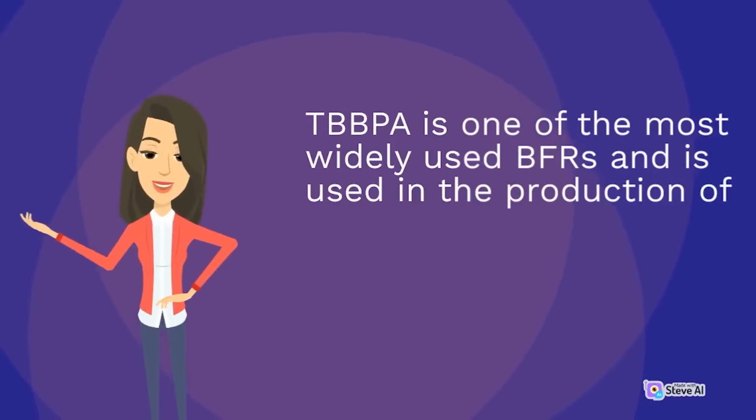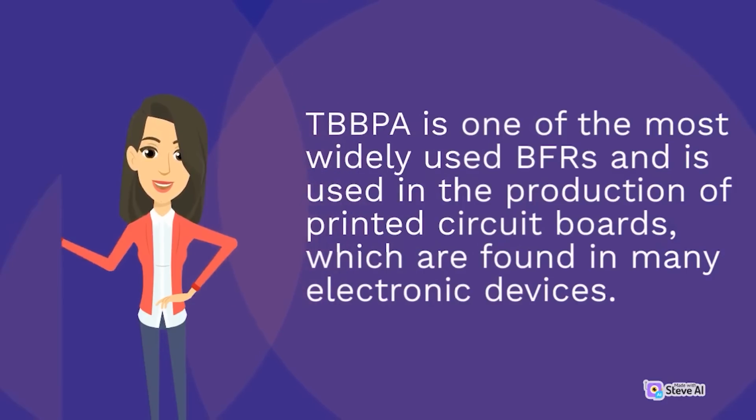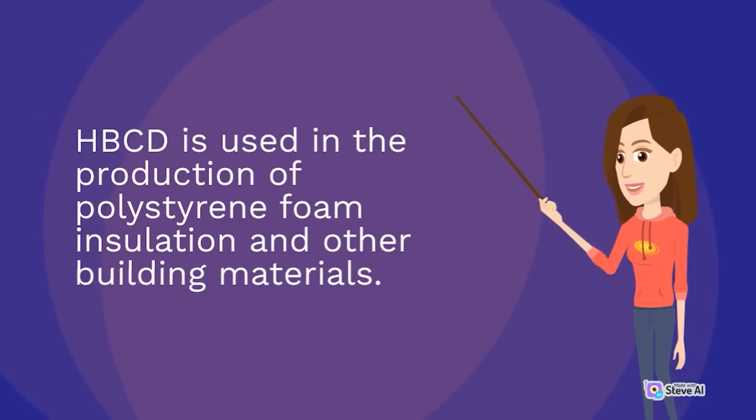TBBPA is one of the most widely used BFRs and is used in the production of printed circuit boards, which are found in many electronic devices. HBCD is used in the production of polystyrene foam insulation and other building materials.